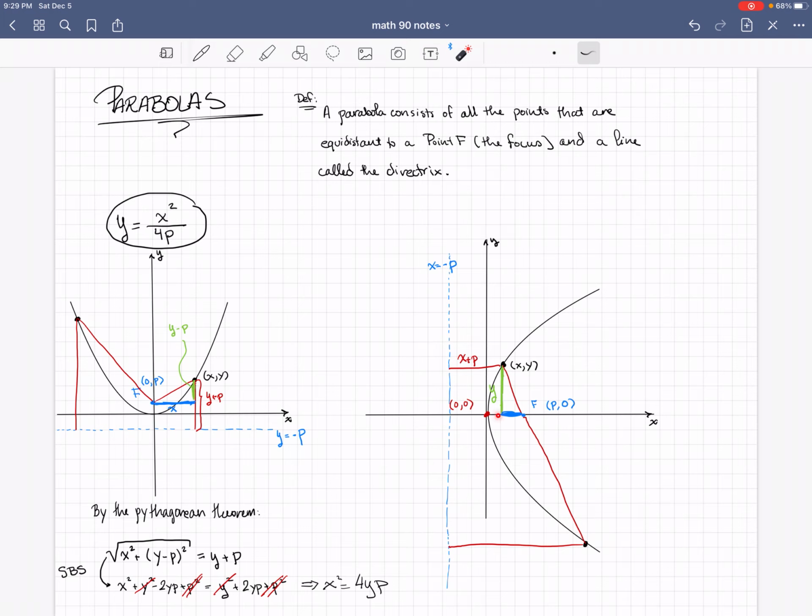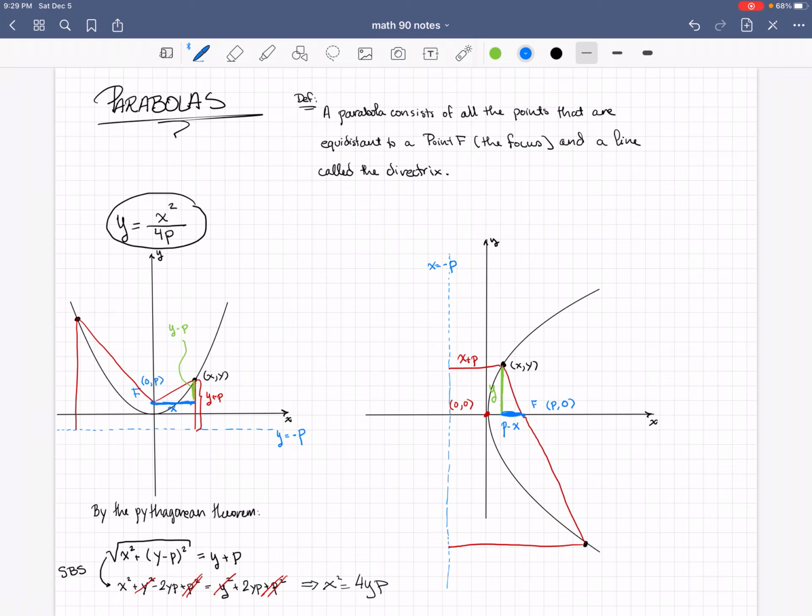But the little distance that goes from our point (x, y) to the origin is x. And the blue distance is the difference between the two. So the longer distance is p, the shorter distance is x, and the blue distance is p minus x.